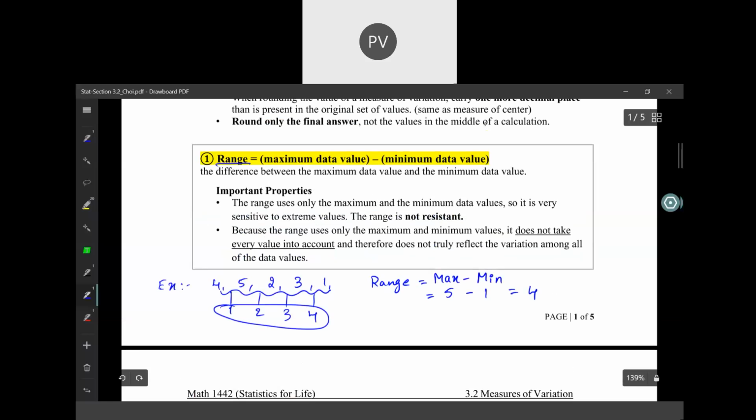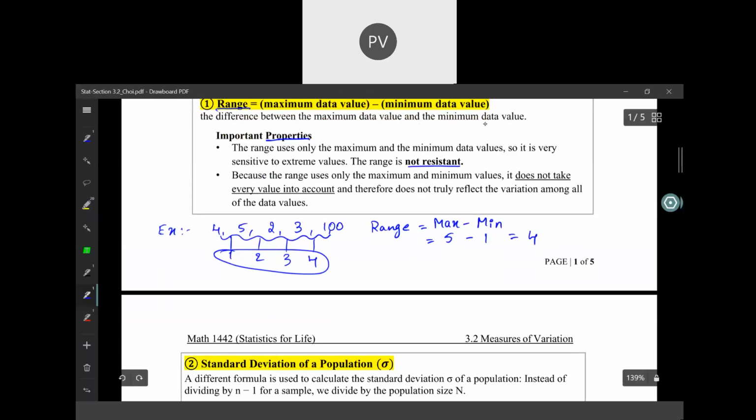Now, the properties of range. It is not resistant, which means that it changes if there is a presence of outliers. What is resistant? If the data values do not change much, even in the presence of an outlier, then we call that measure resistant. Whereas in the case of range, for example, if I make this 100, the maximum is 100 and the minimum is 2, I get 98.